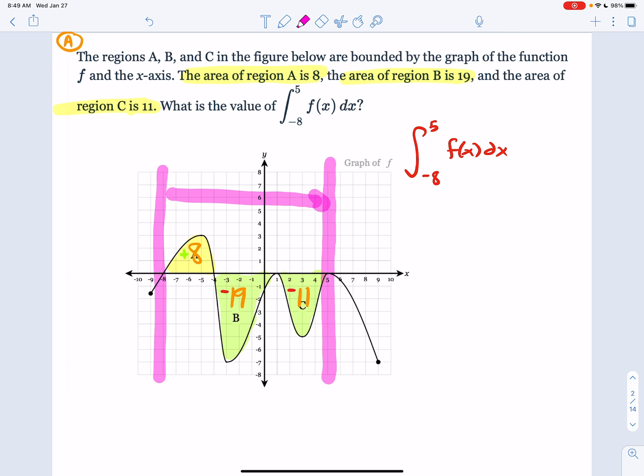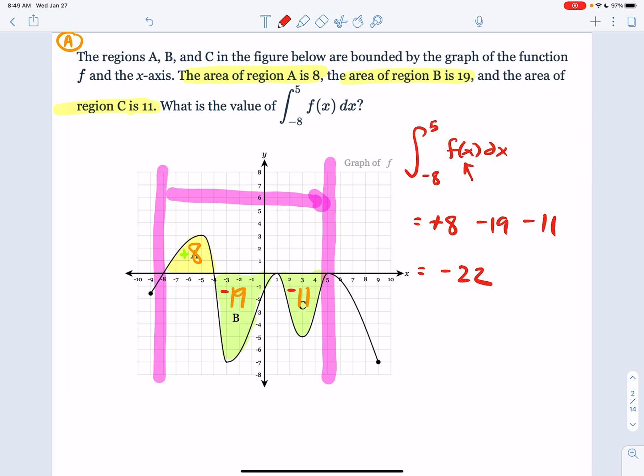Notice how they don't give you what the function is, so you can't really integrate analytically, but you understand that when you integrate, you're finding the area. So really, this is just positive 8 minus 19 minus 11. And that comes out to, I don't know what that is, negative 11, negative 22?